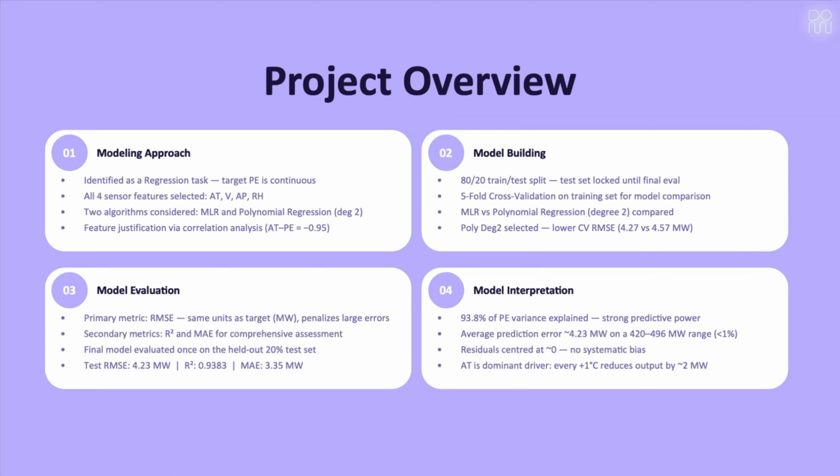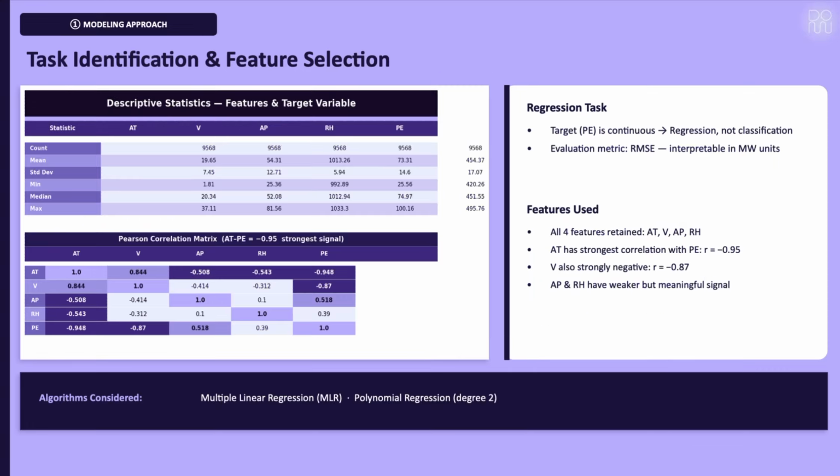Then the model building, how it was tested, how it was split, and also how both degrees were compared, and the model evaluation, the metrics used, and how the final model was evaluated on the held-out test set, and the model interpretation about how the variance was explained, the average prediction error, and also any domain driver data.